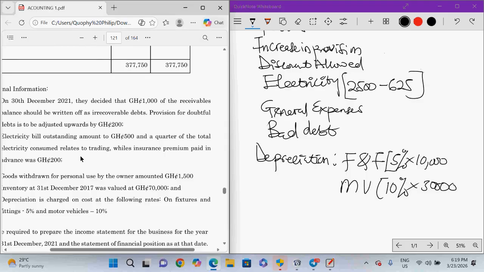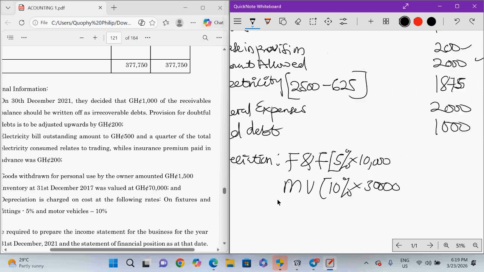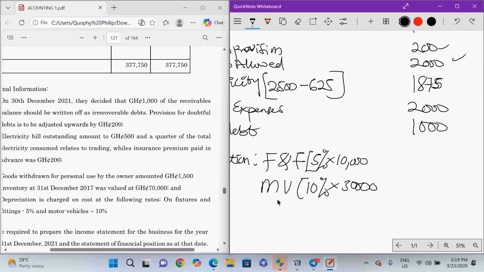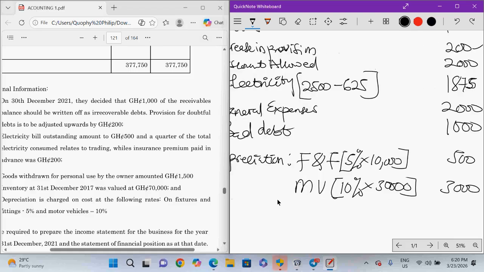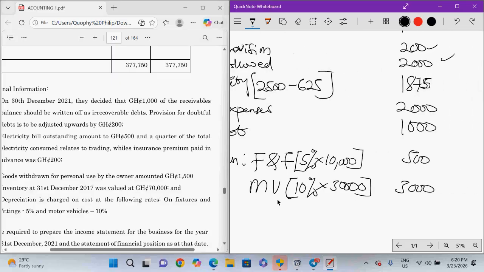So if the question is silent, then we assume a straight line. And is that charged on cost? Yes. Charge on cost means straight line. So 5% of 10,000 is given as what? 500. Second one is given as what? 3,000. Okay. What else?